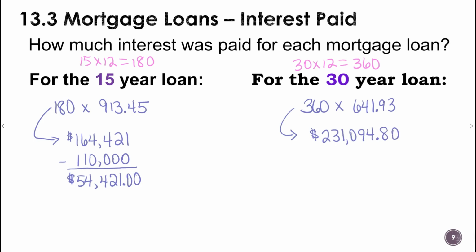So you can see it's quite a bit more than the previous loan, and on either one of them it's quite a bit. So when we subtract, we find that the amount of interest is $121,094.80. So we have found the interest for each loan. And then we're going to compare the two.